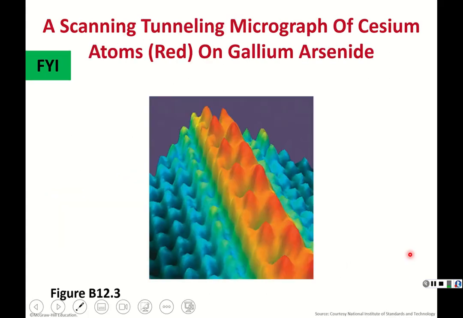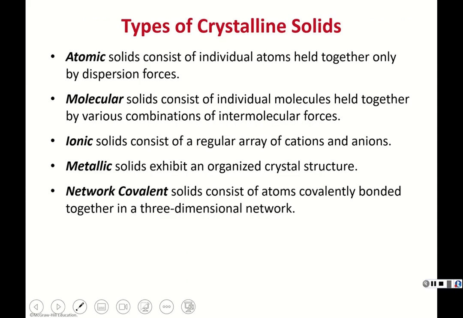There are also scanning tunneling micrographs. This is of cesium atoms on gallium arsenide. So there are other ways of getting molecular pictures, which is kind of neat. Now if we look at the types of crystal solids, you can have atomic crystals.